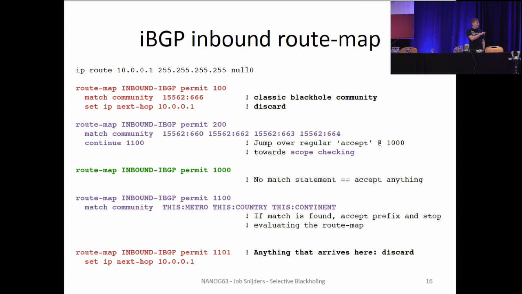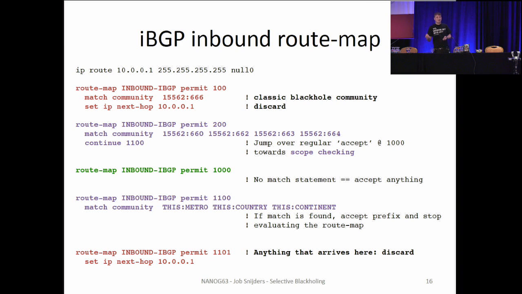At stanza 1100, where we came from when we made the jump in stanza 200, we do a match whether we are inside the country or not. So if the prefix matches with the country, the metro, or the continent, it means that the device which has this policy is still inside the region where we did not want to discard traffic.